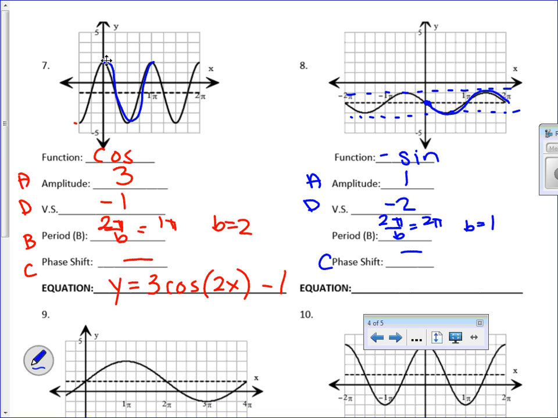There is no period change there. So you don't really need that 1 in your equation, nor do you need the amplitude of 1 in your equation. Okay, so when you write this, it would be y equals negative sine x, then what? Minus 2.